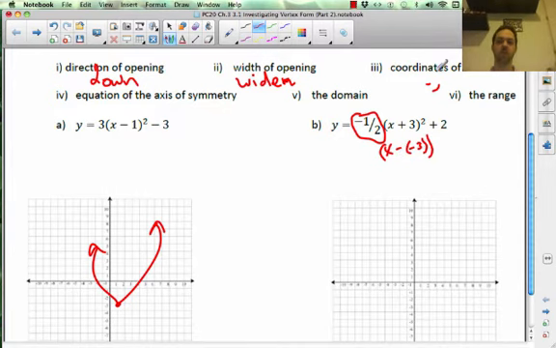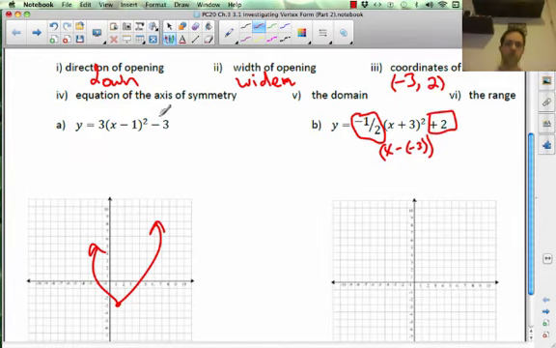Or you can simply think about it as flipping the sign on whatever you happen to see in the brackets. So your x coordinate will be minus 3, and your y coordinate will be q, which is positive 2. Equation of the axis of symmetry, again, always the x value of the vertex, x equals minus 3.